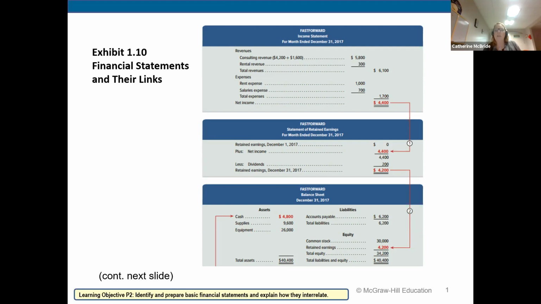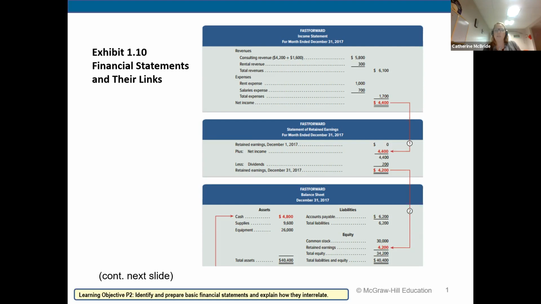Notice the date on this statement is also a period of time. So for the month ended, for the quarter ended. So we started with retained earnings. This is also one of the few statements where if you start with a zero balance, you actually show that. And the reason that you show that on the statement of retained earnings is because a zero balance for beginning retained earnings says, hey, this is the first period that we've operated.